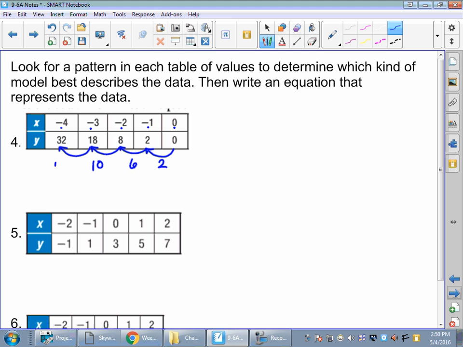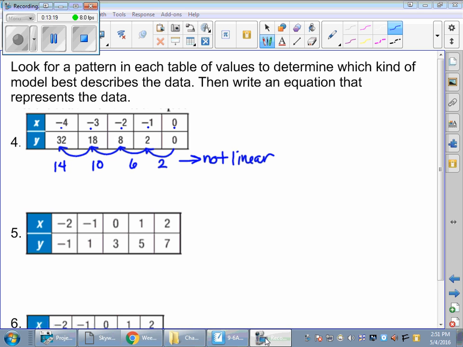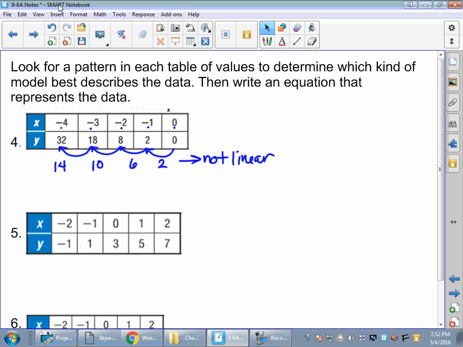I wanted to say 14, but I didn't want to be wrong. Okay, so this right here gives me enough information to say not linear. Sorry about that. The fact that those numbers don't match tells me it's not linear.